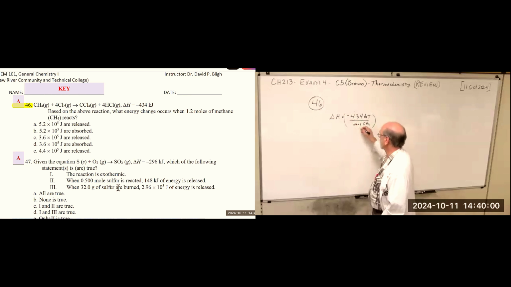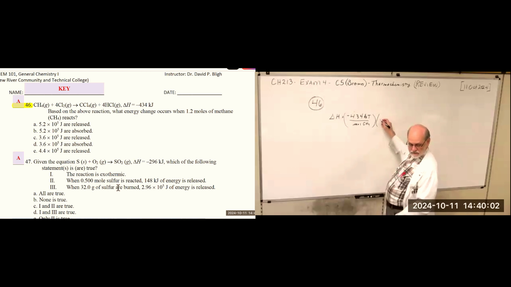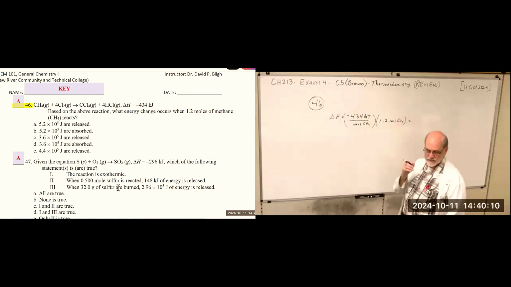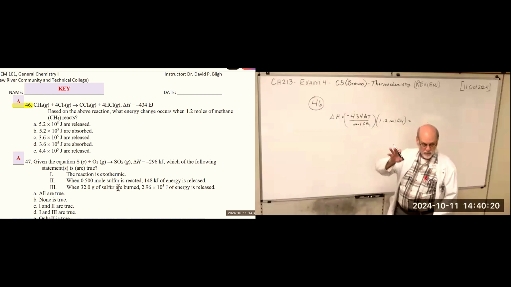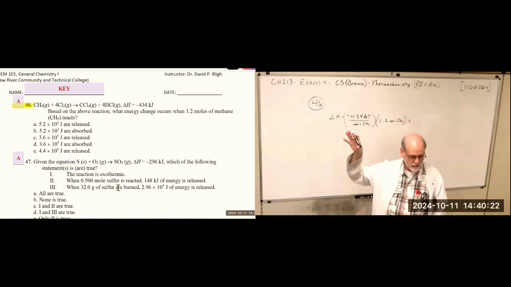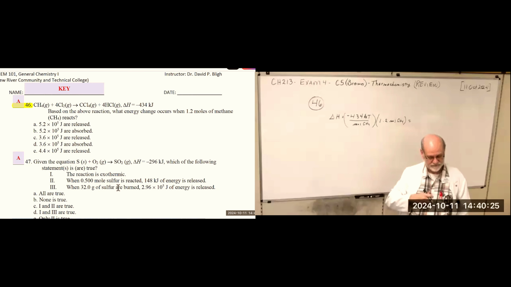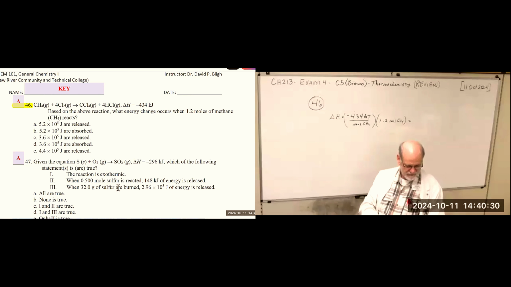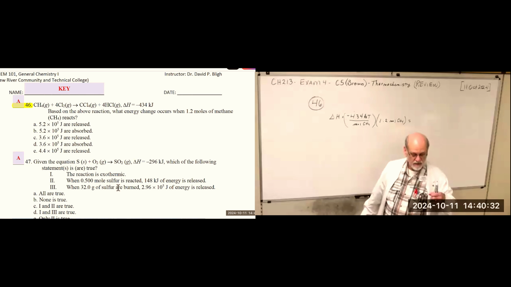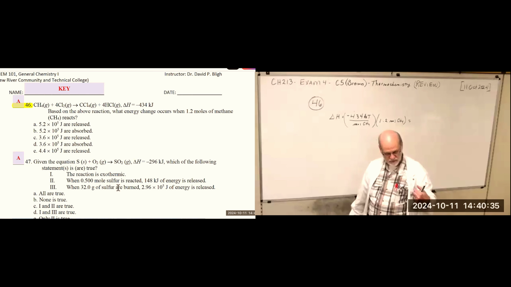So if we know how much methane, 1.2 moles of methane, that's a simple calculation, just 1.2 times that. So if I did my math right, it released, because this is negative, 5.2 times 10 to the fifth joules. So we don't have to put the sign on it because we're saying whether it's released or absorbed.